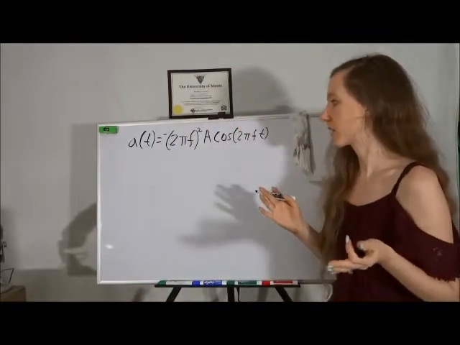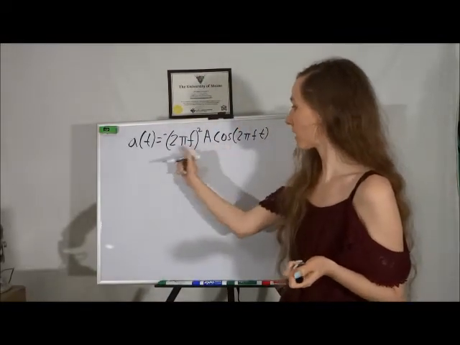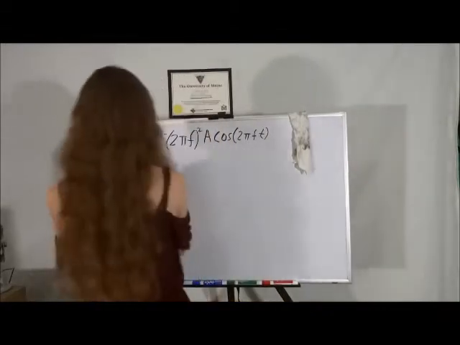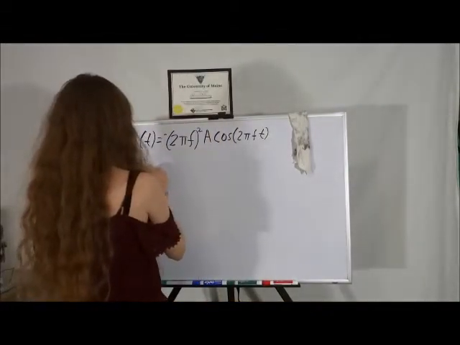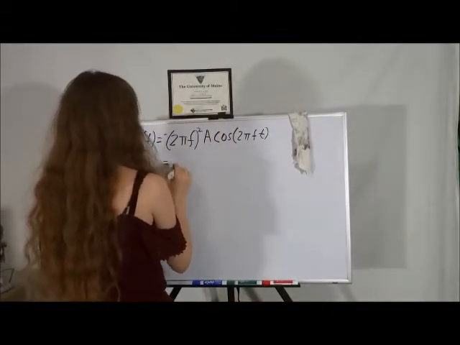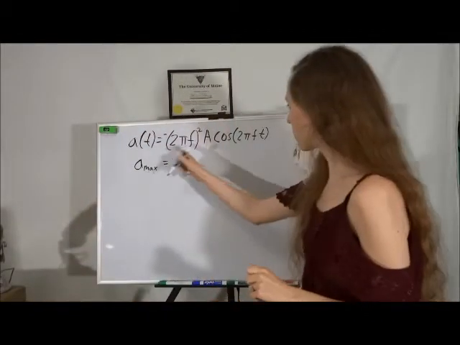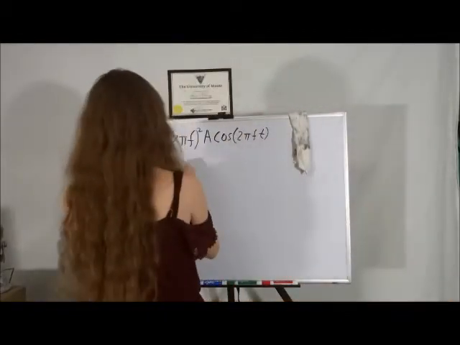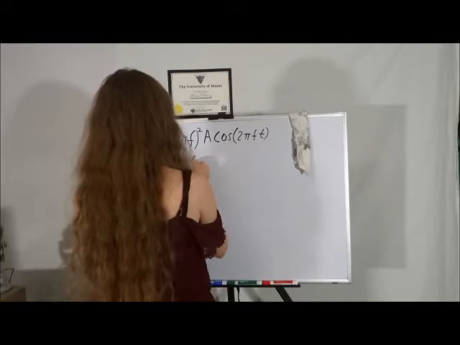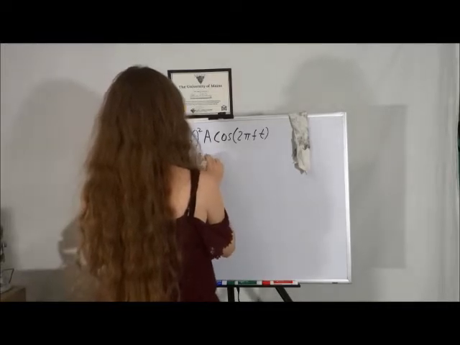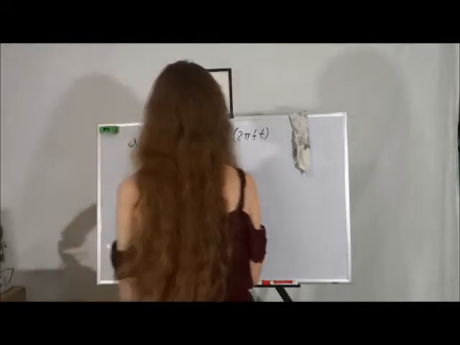We're going to use the same reasoning as before, so all this stuff out front is a constant. So a max is equal to this stuff, (2 pi f) quantity squared times our amplitude.